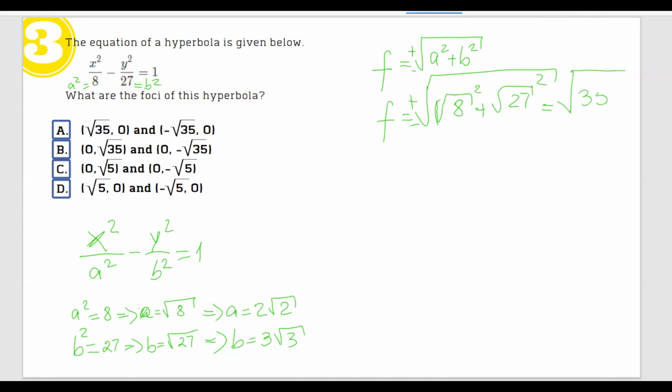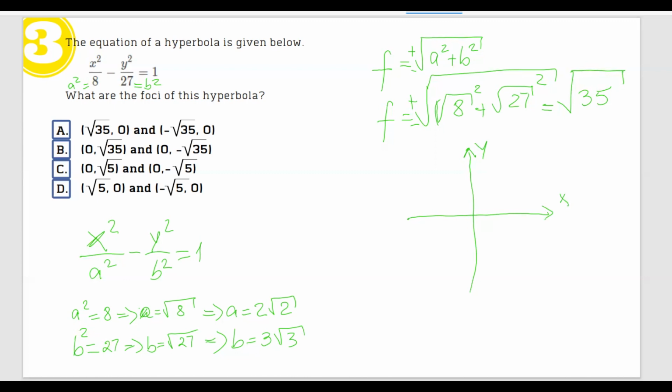Okay, so let's draw a quick graph here. Based on the equation given in the problem, we know that this hyperbola is going to be centered at the origin.